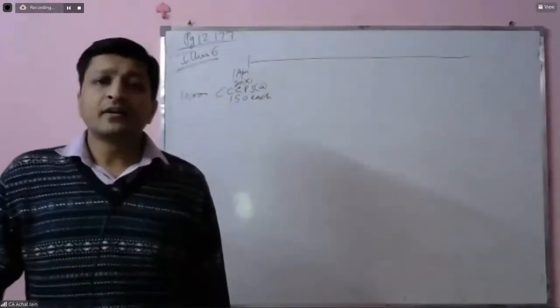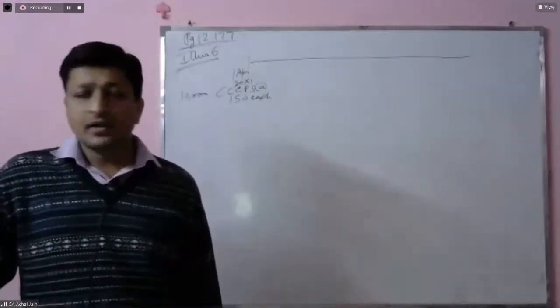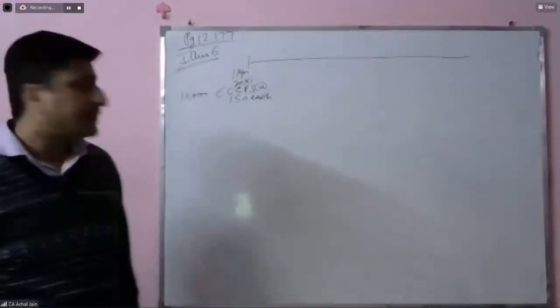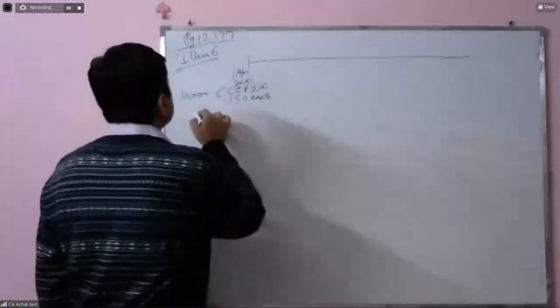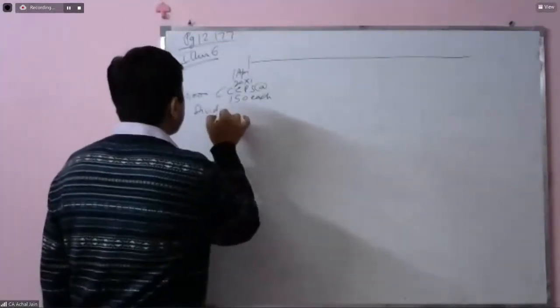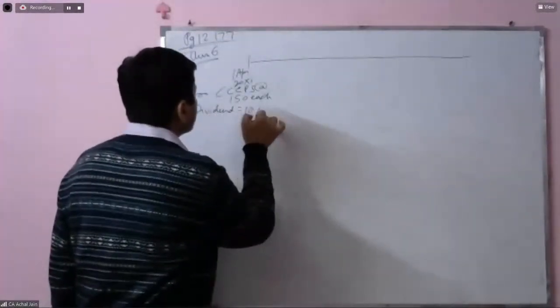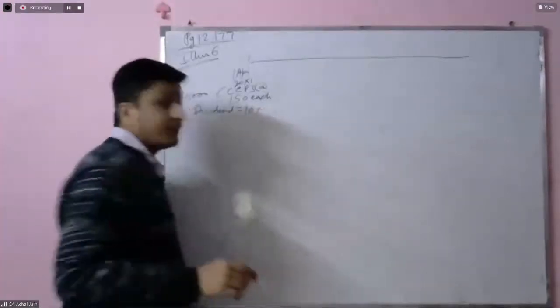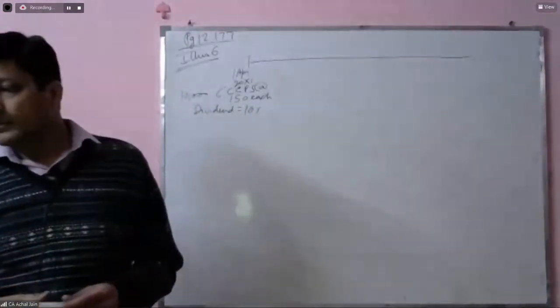The rate of dividend on the preference shares is 10%, payable every year. Dividend is 10% per annum.